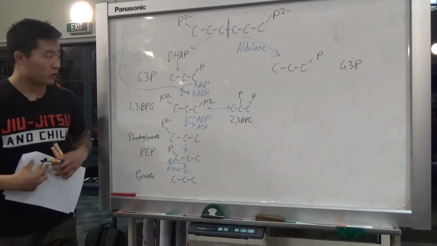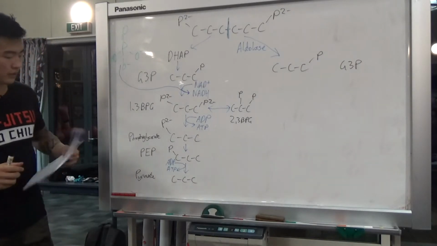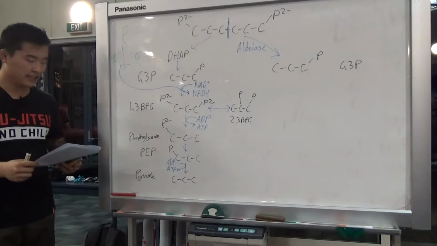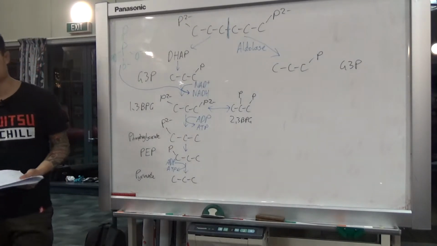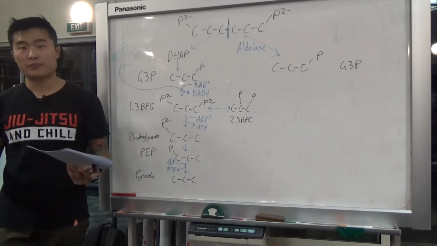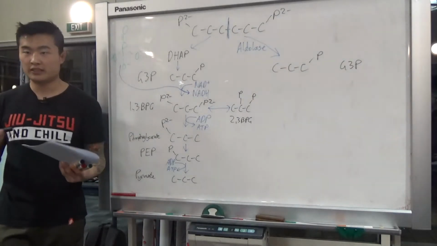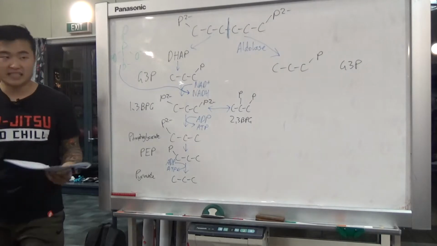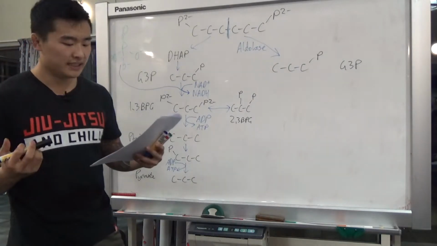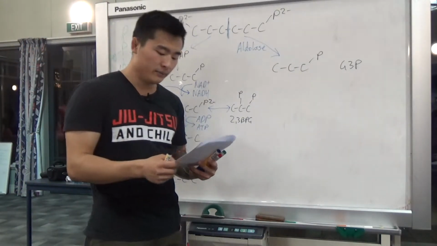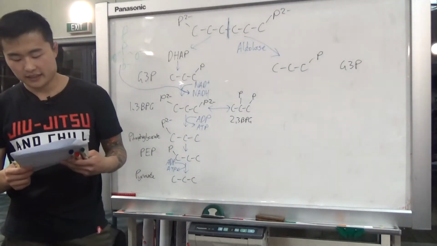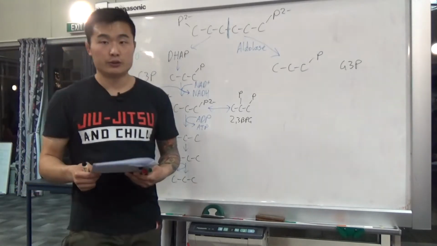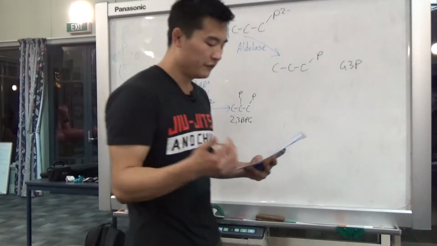Okay, so now I just want to talk about what can happen if you have arsenate in the cell. So if you have arsenic poisoning, you're going to have arsenic or arsenate going around in your bloodstream. And if you look at the diagram on the right side of your piece of paper, you can see that it looks very similar to phosphate.